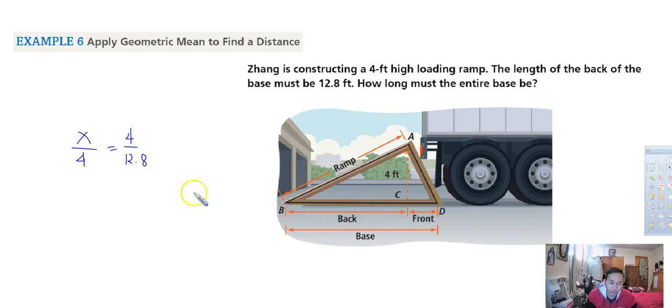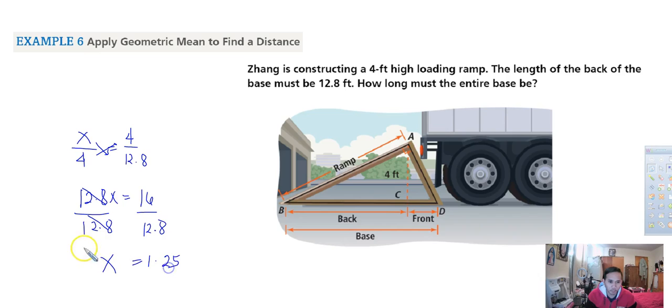Okay, that's 12.8. And then you cross multiply. That will give us 12.8x is equal to 16, which is, I'm going to divide both sides by 12.8. Our x value is equal to 1.25. Of course, we'll not stop there.